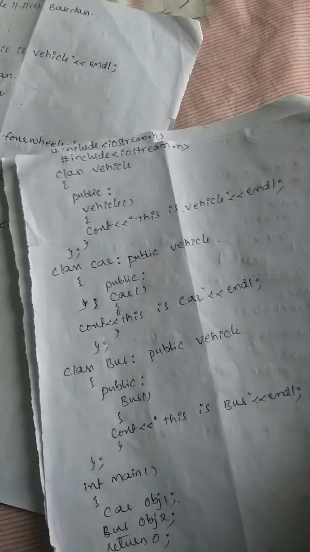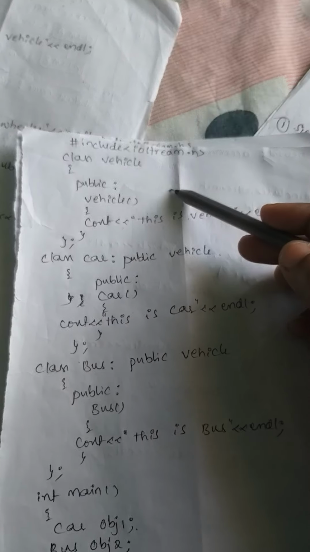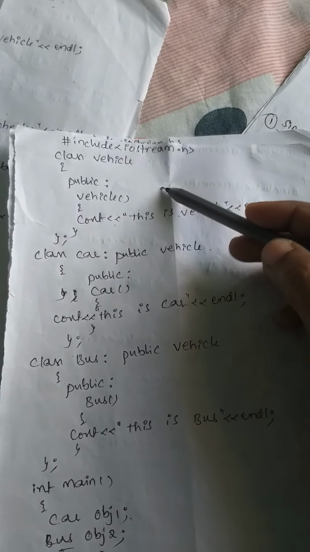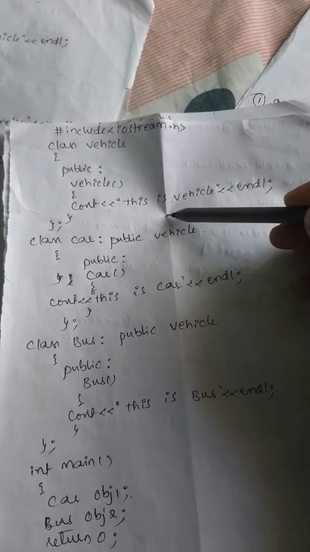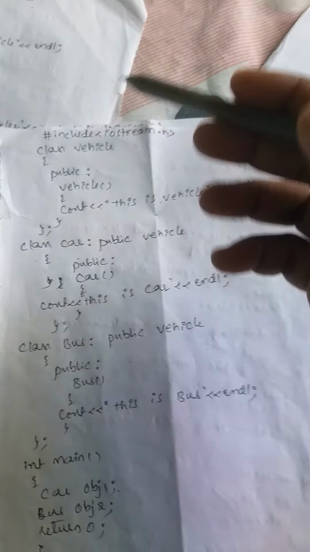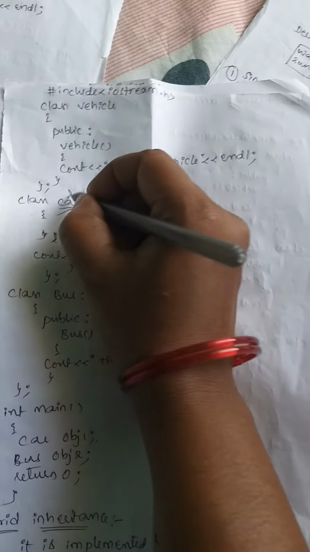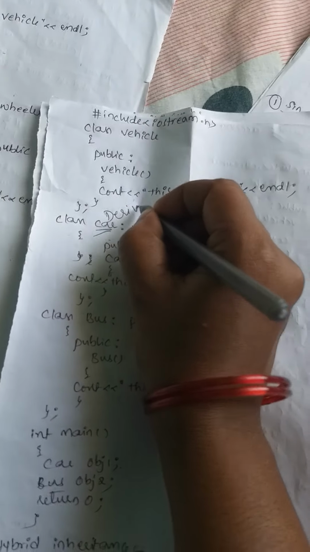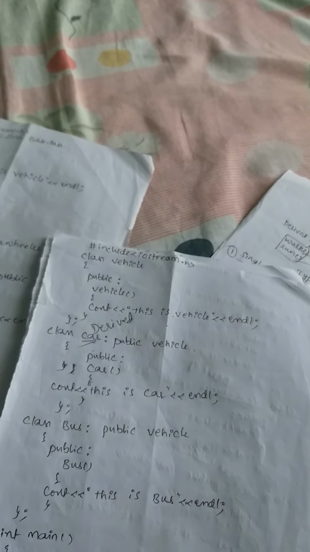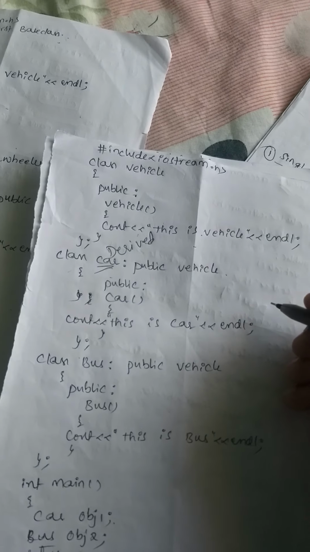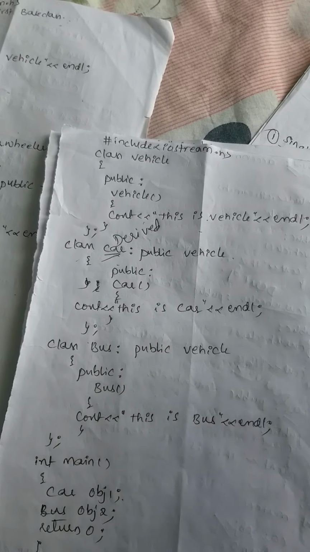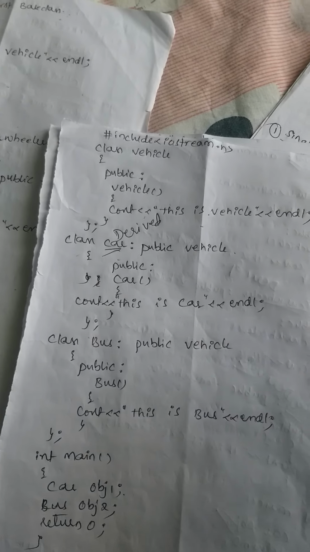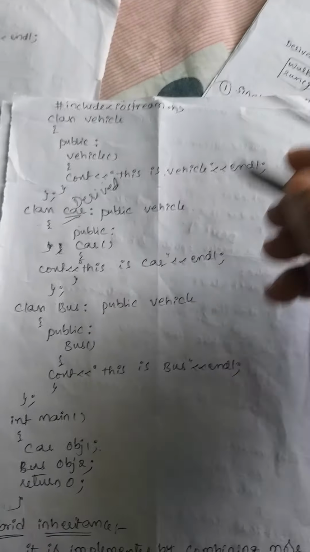In this case, class vehicle is one class, and we are creating the constructor for this vehicle class. Class car is one derived class. In this case, we always create a number of derived classes with one single base class.